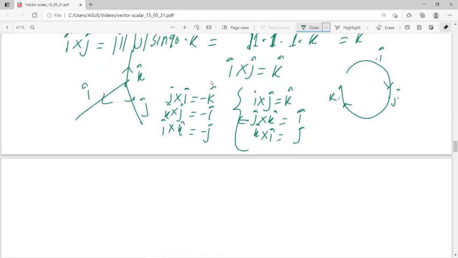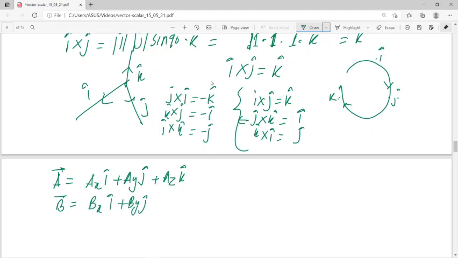Now if we want to find the value of A cross B, like in the previous case, we take A as AX I cap plus AY J cap plus AZ K cap, and the vector B as BX I cap plus BY J cap plus BZ K cap.